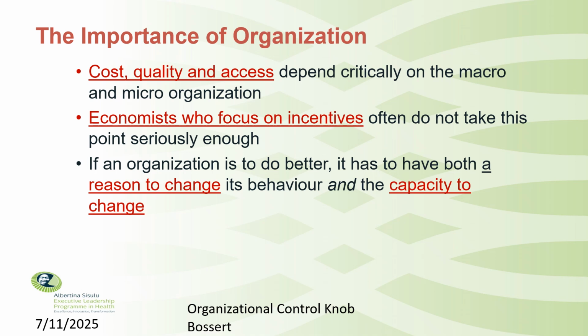And secondly, does that organization have the capacity to change, in terms of having managers and leaders who understand what needs to happen, as well as health workers within that organization understanding what needs to happen in terms of their capacity and their skills?